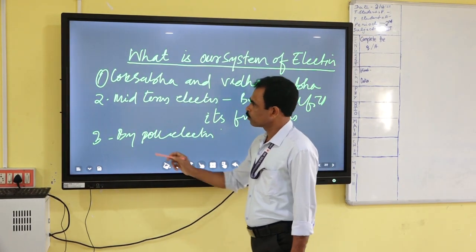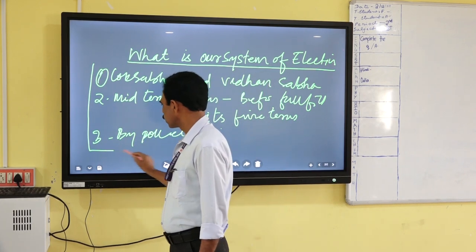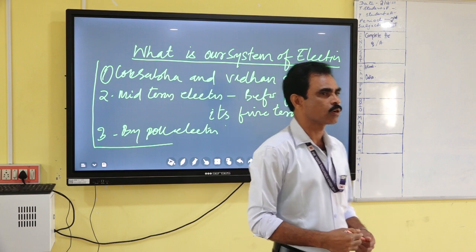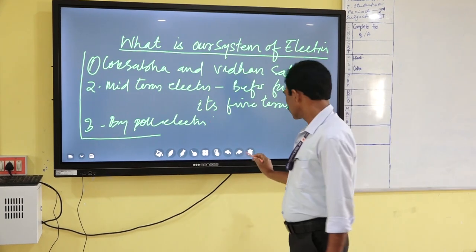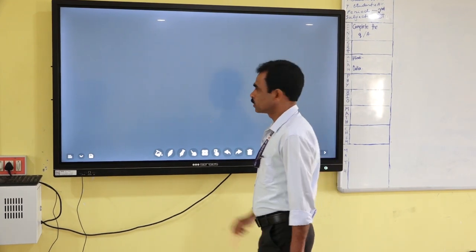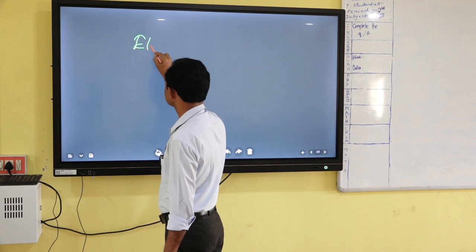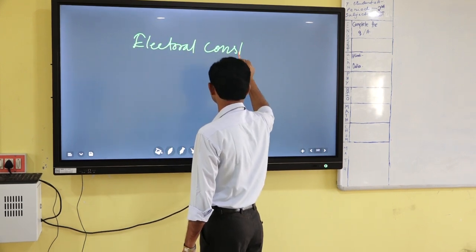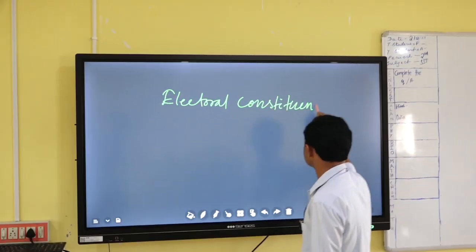Clear? So for conducting an election, the first step is the electoral constituencies. What are the electoral constituencies? First process, electoral constituencies.